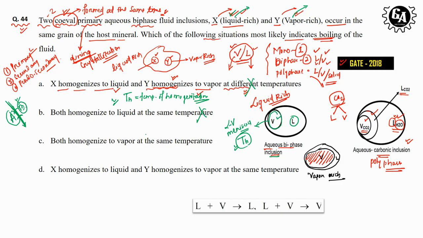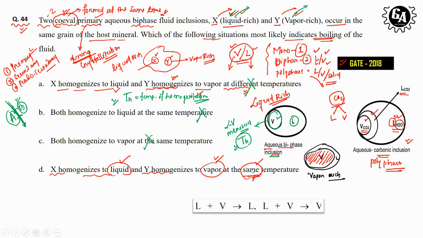Option D, X homogenizes to liquid and Y homogenizes to vapor at the same temperature, is correct. X is liquid rich, so it homogenizes to liquid. Y is vapor rich, so Y homogenizes to vapor, at the same temperature.